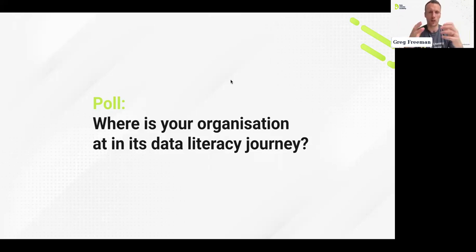But I think we've still got that perception, and this is something we'll come on to as we go through the conversation. A fairly well understood lack of people maturity is part of the premise of what we're talking about here. And it's really good for people to recognize that and acknowledge it. In a lot of senses, what we're trying to show here is that you already have an understanding of where you are.